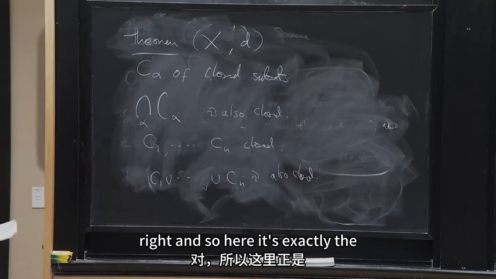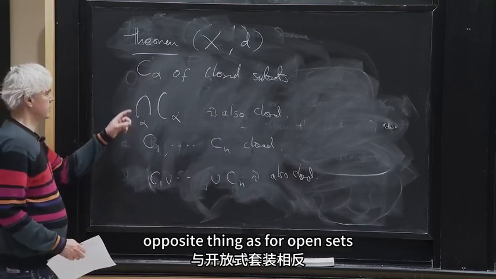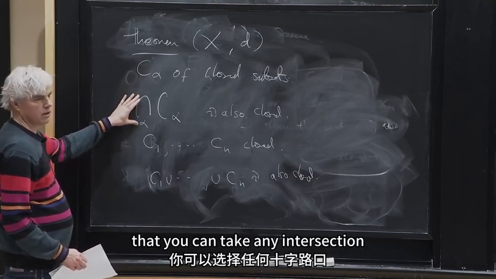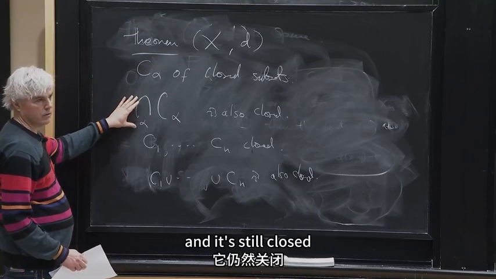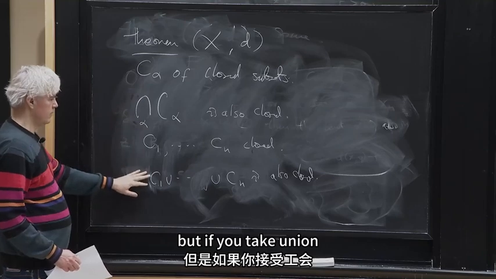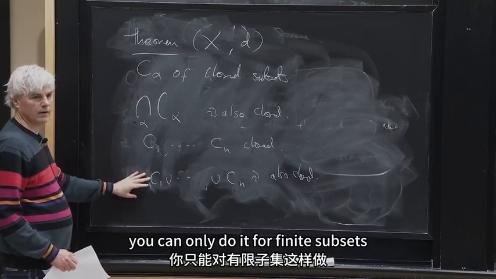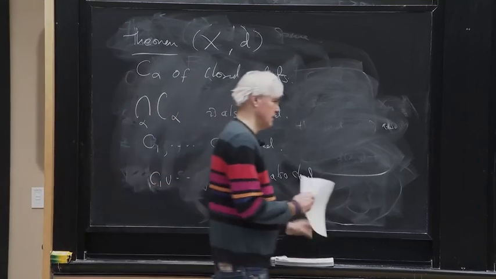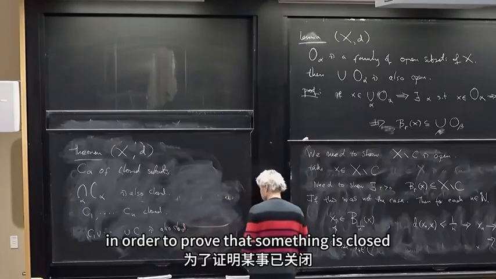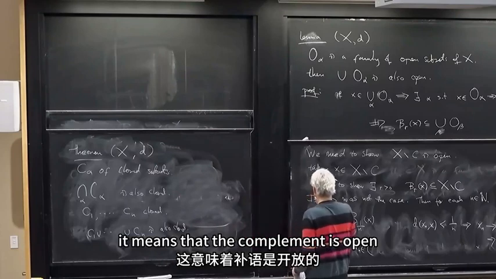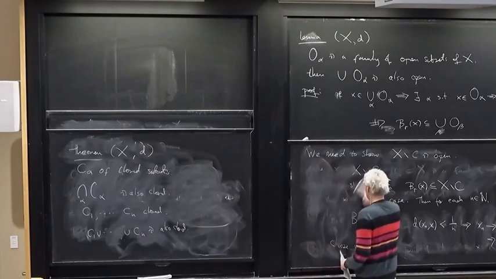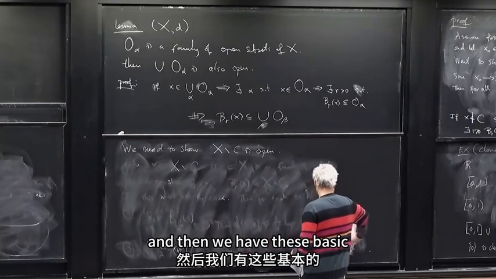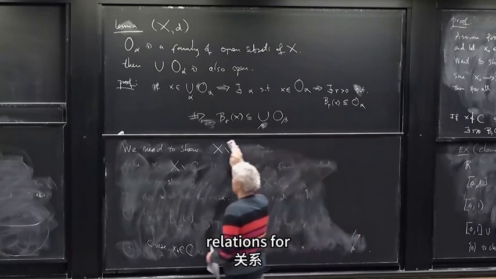Right, and so here it's exactly the opposite of open sets: you can take any intersection and it's still closed, but if you take a union, you can only do it for finitely many. So this is exactly the opposite. Why? It's because in order to prove that something is closed, it means that the complement is open. So then we have these basic relations.